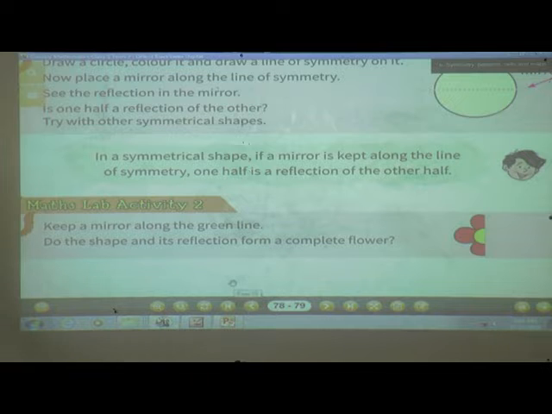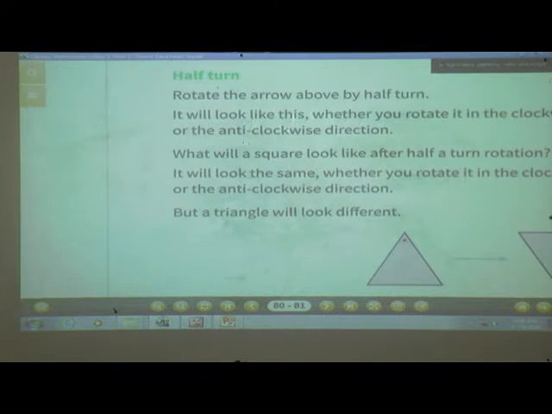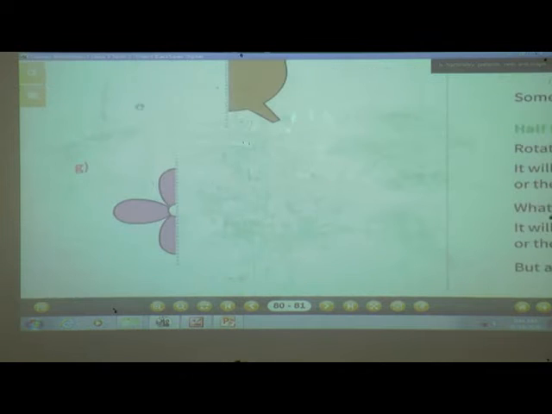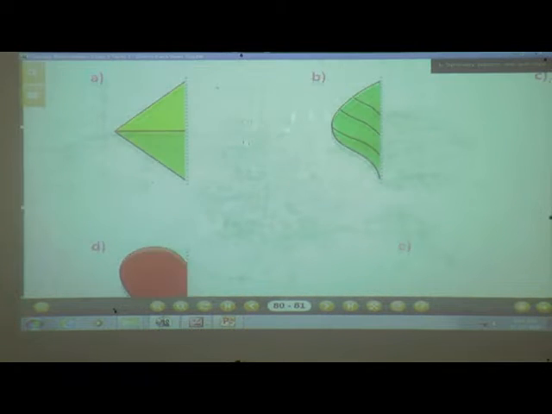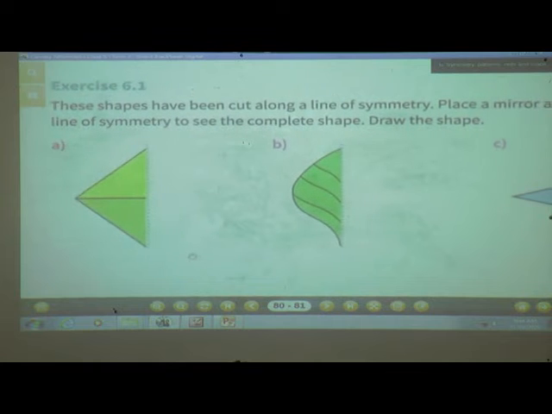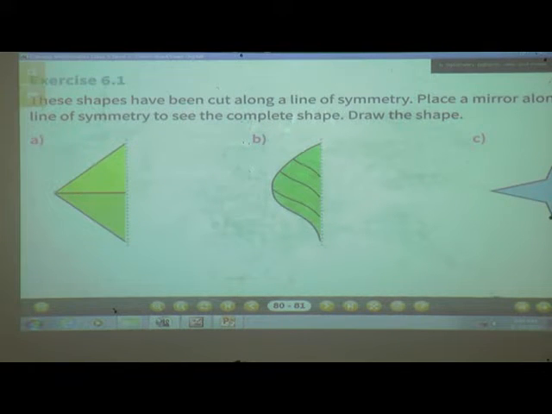Now see page number 80, exercise 6.1. These shapes have been cut along the line of symmetry. Place a mirror along the line of symmetry to see the complete shape. Draw the shapes.